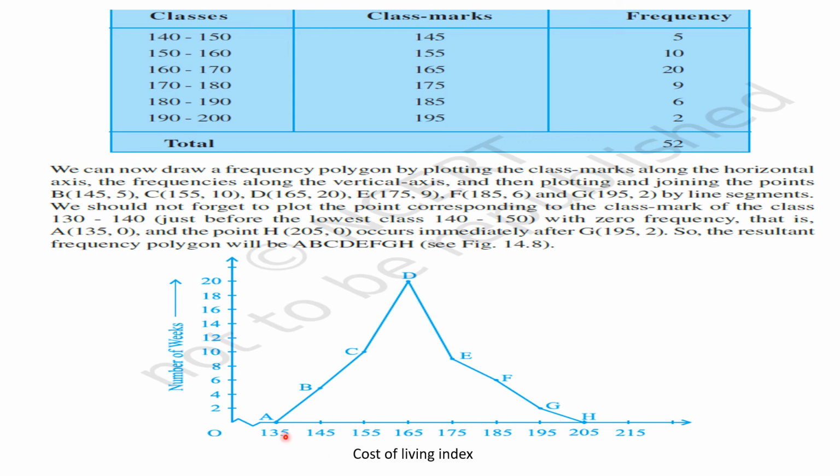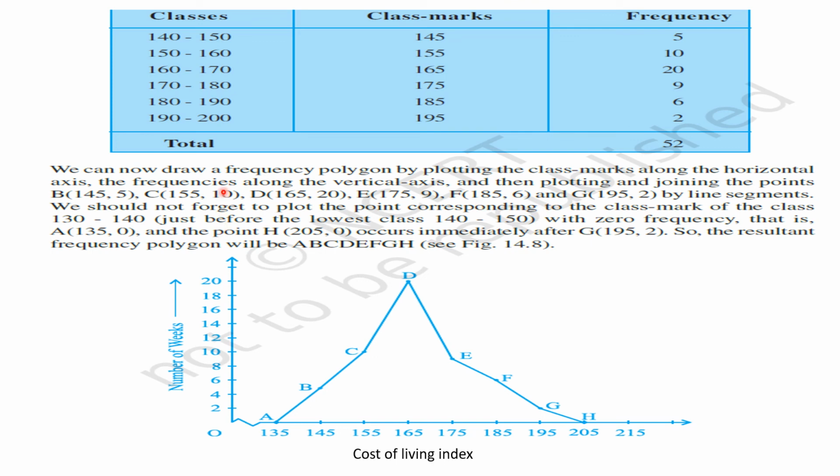On the y-axis, number of weeks, the frequencies. 135 is 0 because we have taken 0, and after the last class also we have taken 0. This is marked as point A and this is marked as point H. Here 145, 5. Next 155, 10.